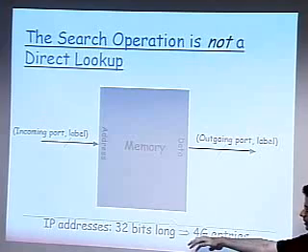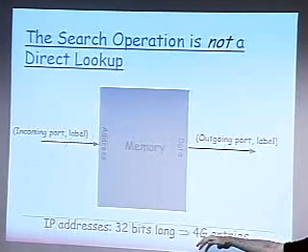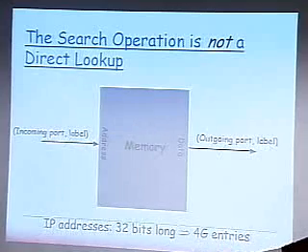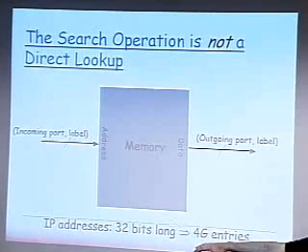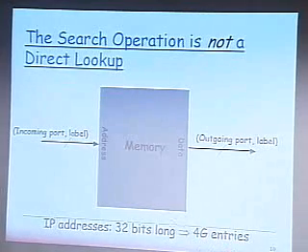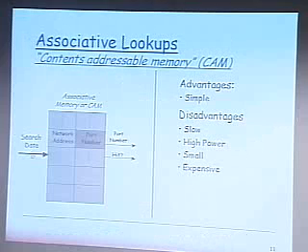First of all, you don't need 4G entries, right? Because you're going to forward it to networks, prefix based. The number of networks is going to be much smaller than 4G. So you want something which is better than a direct lookup, which is faster than a direct lookup. So what you have are associative lookups, and associative lookups come with these hardware devices called CAMs, or content addressable memories.